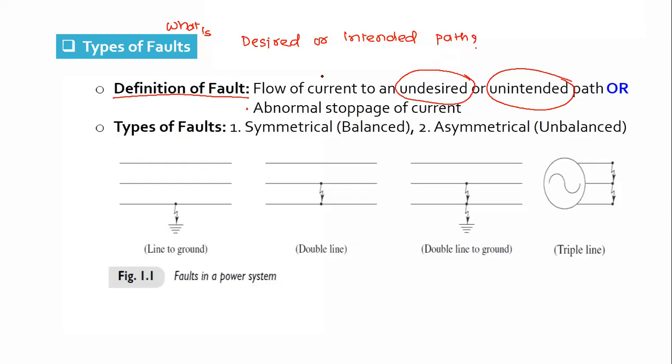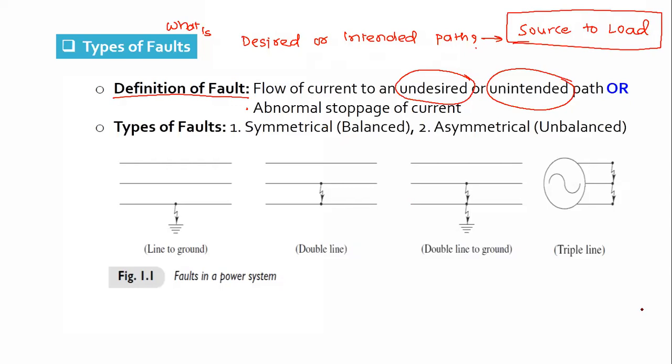Okay, so I have two correct answers. The desired path or intended path is always from source to load. Current always must flow from source to load. This is the intended path, or we can say the desired path. Clear? Any doubt in this?